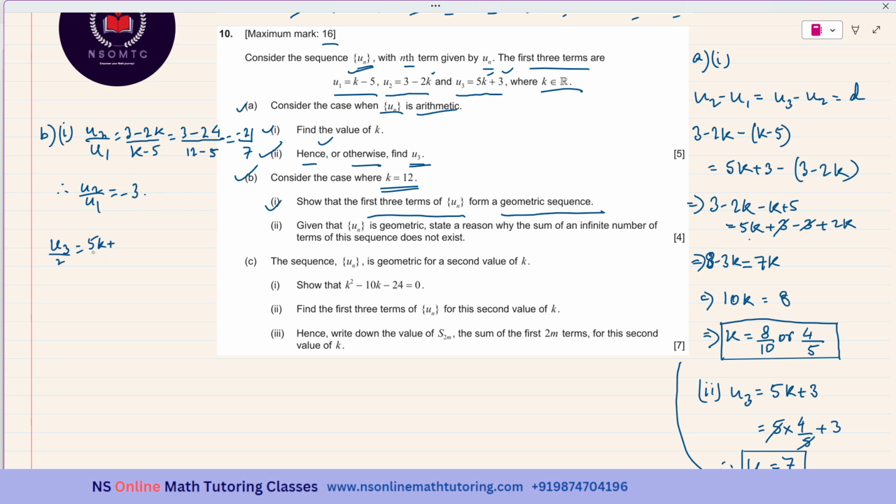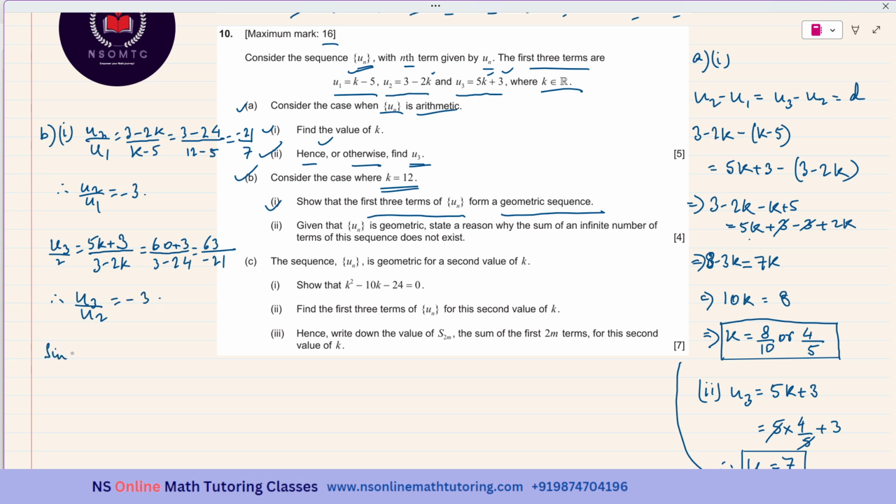So 5k plus 3 over 3 minus 2k is equal to 5 times 12 is 60, so 60 plus 3, over 3 minus 24. So this is equal to 63 over negative 21. Therefore, u3 over u2 is equal to negative 3.